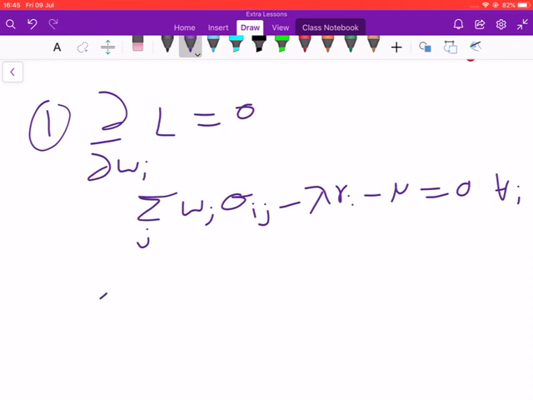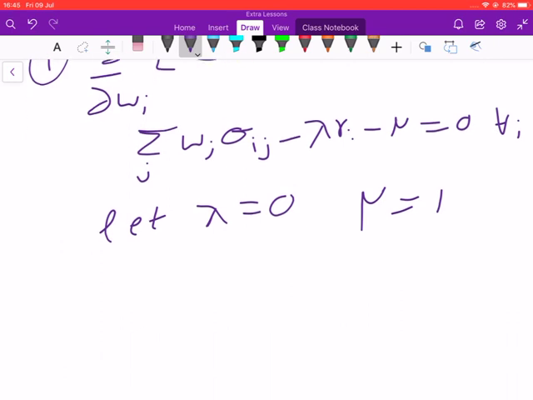And then you're going to let lambda equal 0 and mu equal 1, right?